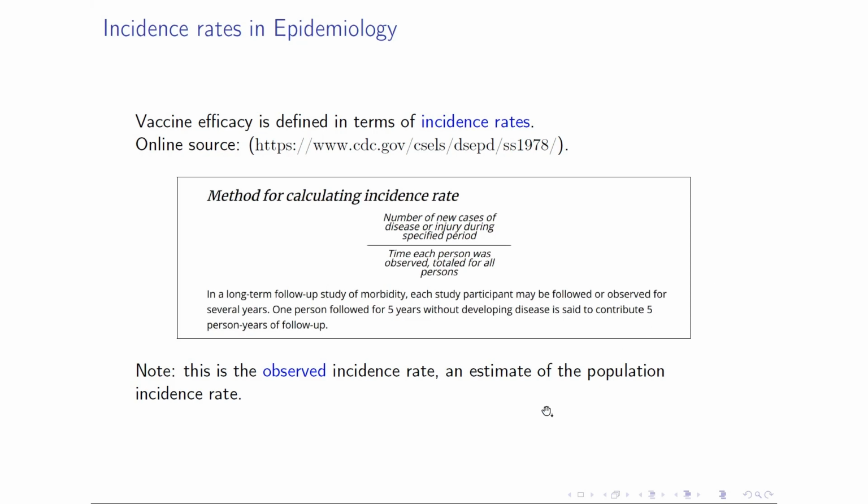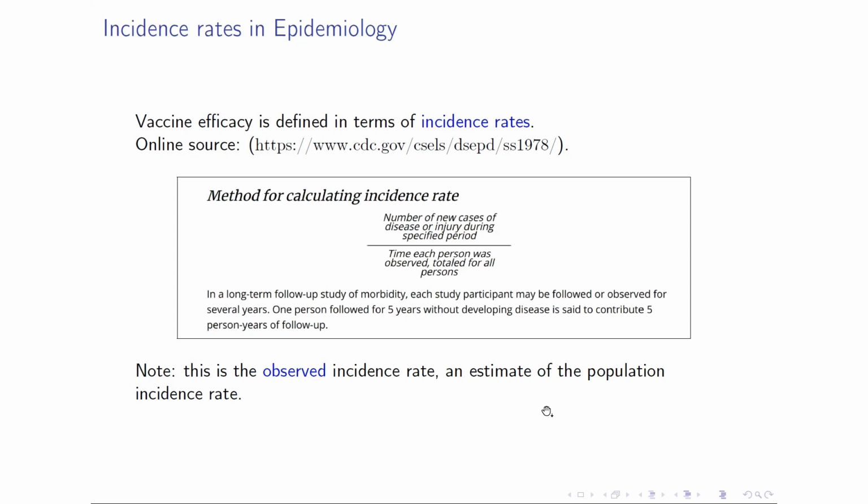So it's not a parameter, it's defined in terms of an observed number of cases, so it's a statistic, but still we understand that this is an observed incidence rate. So it's an estimate of a theoretical population incidence rate.